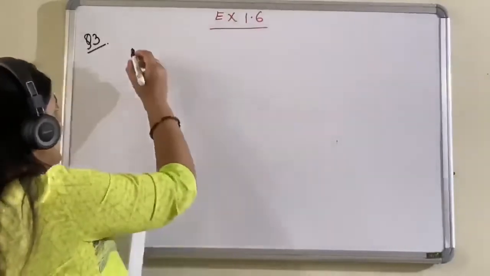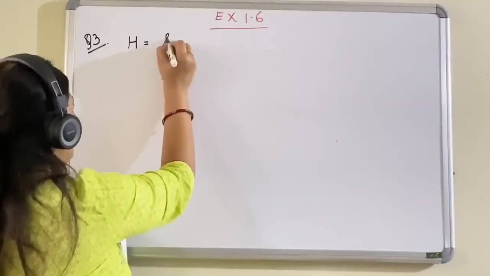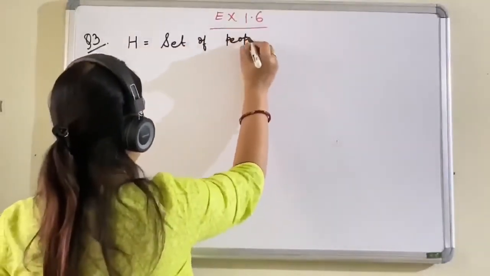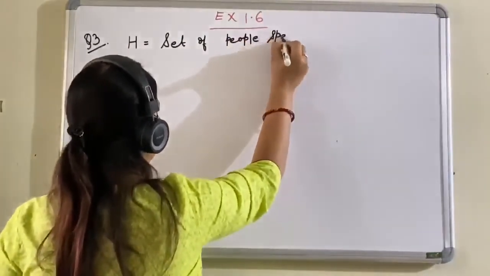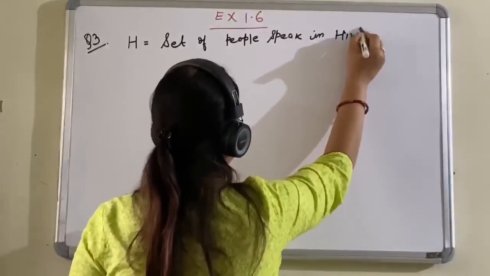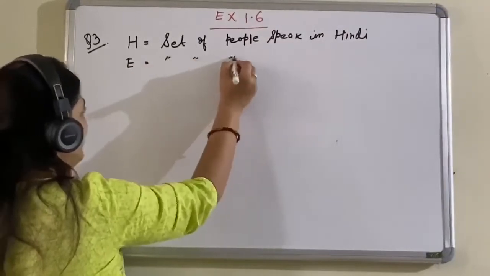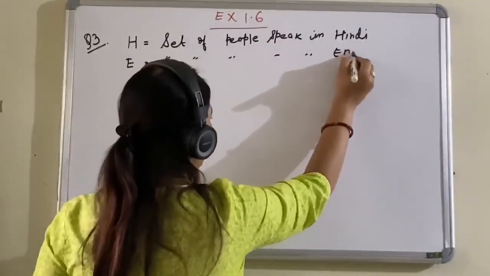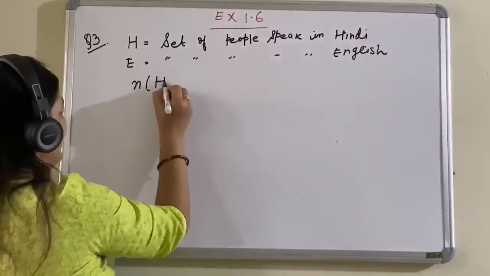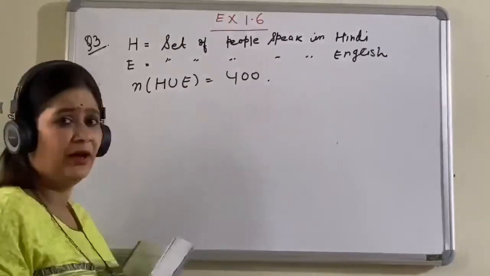So first suppose that let H be a set of people who speak Hindi. The second set E is the set of people who speak English. Now there are a total of 400 people, so n of H union E is equal to 400.